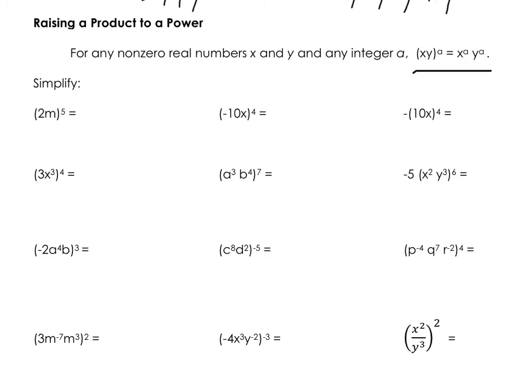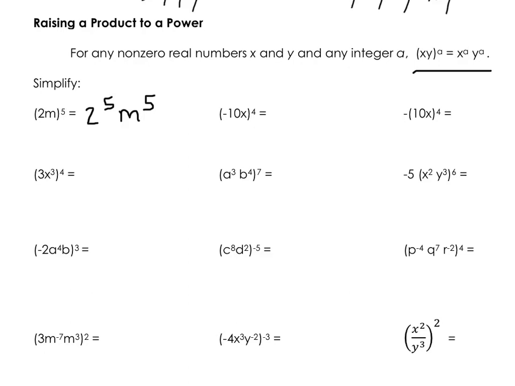So we have 2m to the 5th power. It's 2 to the 5th power, m to the 5th power. The parentheses tell you that the exponent applies to everything within the parentheses when there is a product in the parentheses. So we have negative 10x to the 4th power.